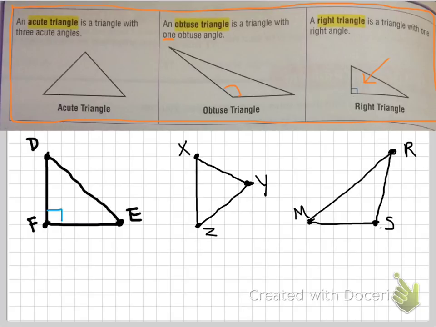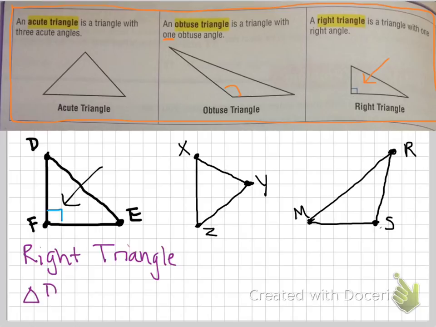So, check it out down here. Let's name these triangles and decide what kind of triangle it is. Oh, beautiful. Take a look at that. That is telling you right off the bat that's a right angle. So this must be a right triangle. Okay, and let's make our nice little symbol. Let's name this one DFE.